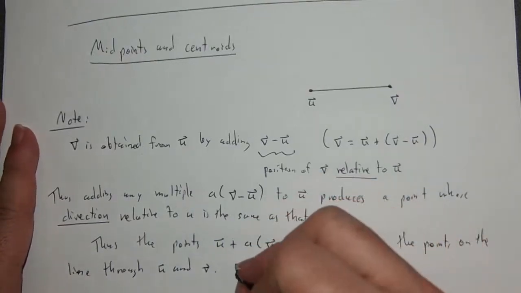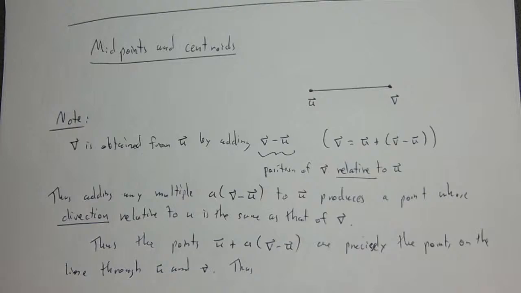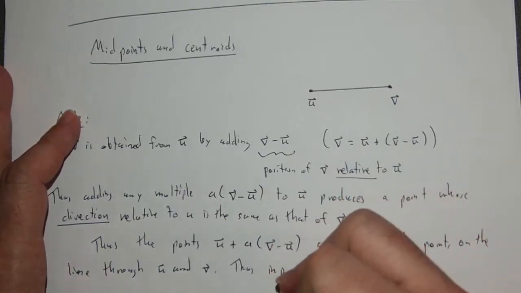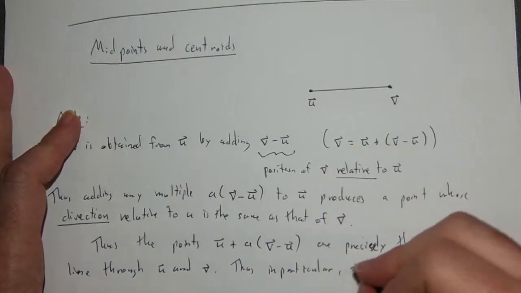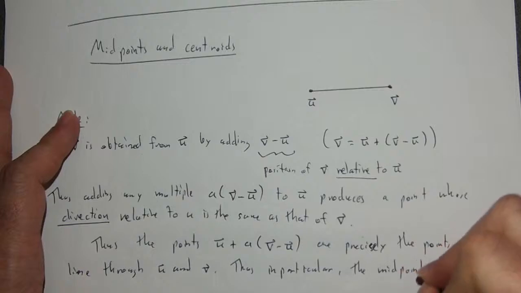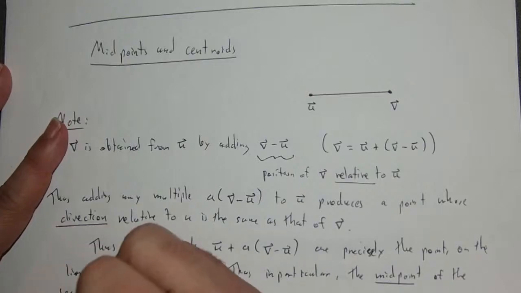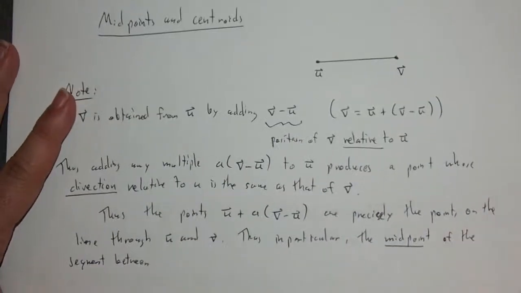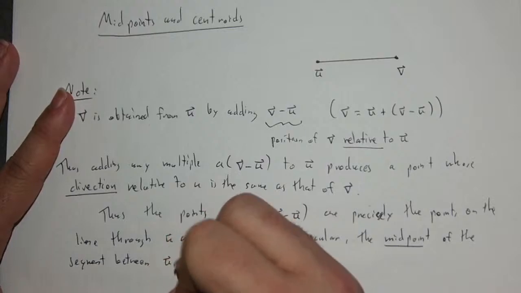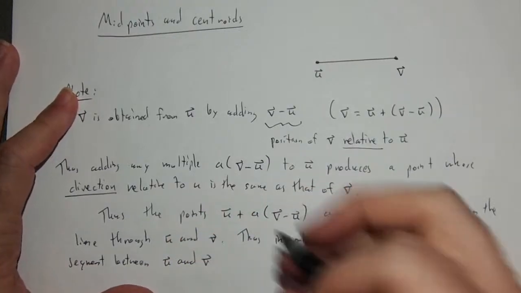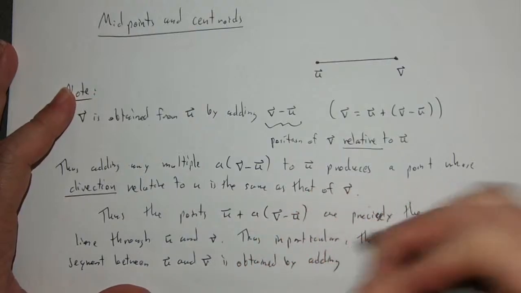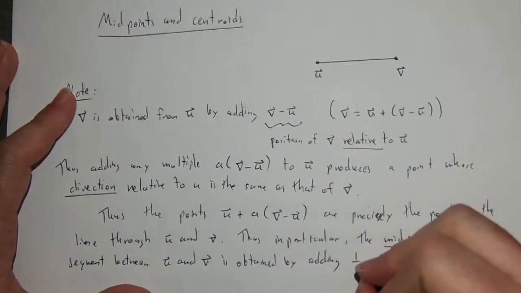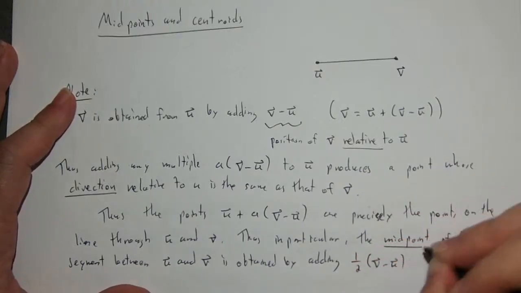Thus, just intuitively, in particular, the midpoint of the segment between u and v is obtained by adding, well, exactly what you think, 1/2 times v minus u to u.